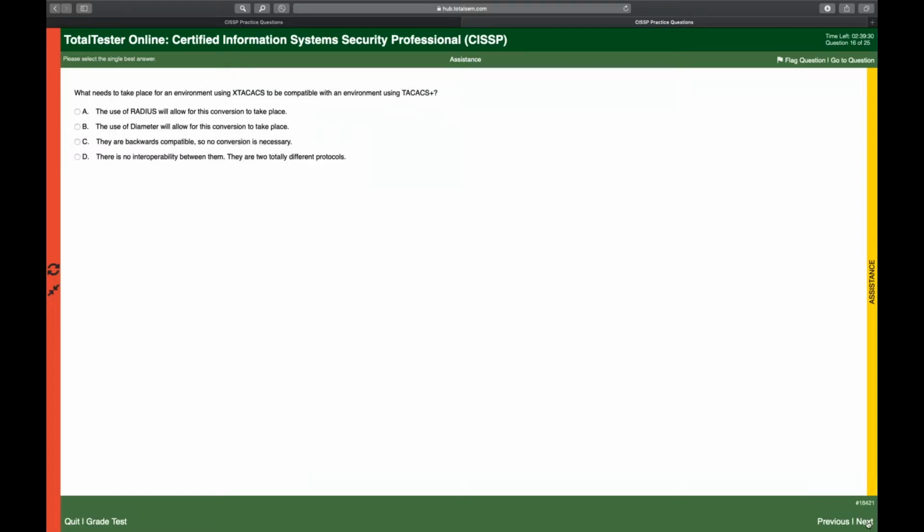Fire suppression second. Number 16, what needs to take place for an environment using X-TACACS to be compatible with an environment using TACACS Plus? And we've seen some questions similar to this, and we've learned a lot from these.